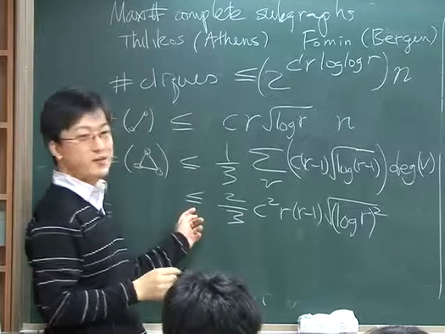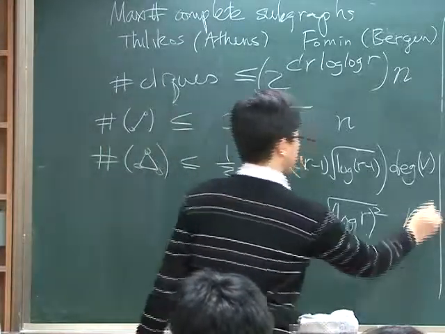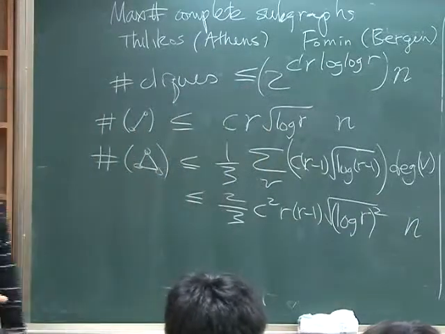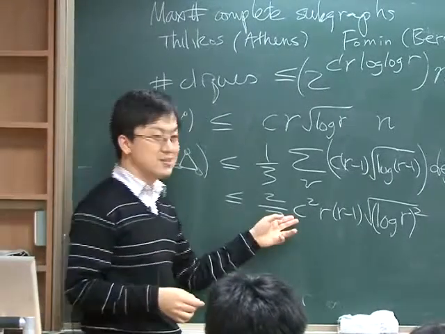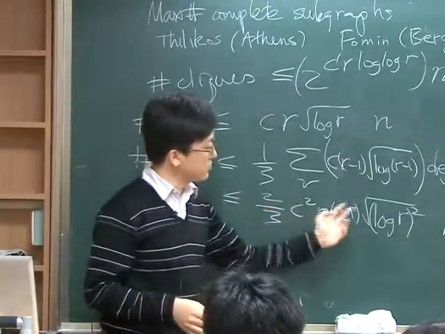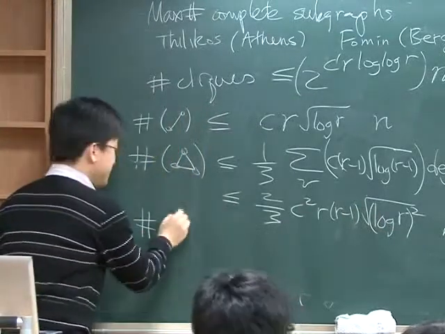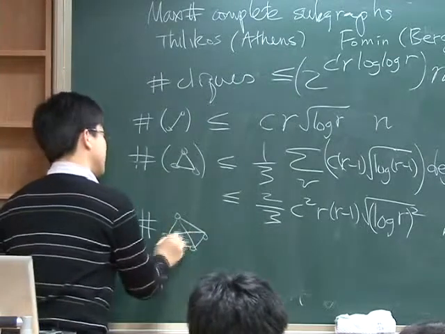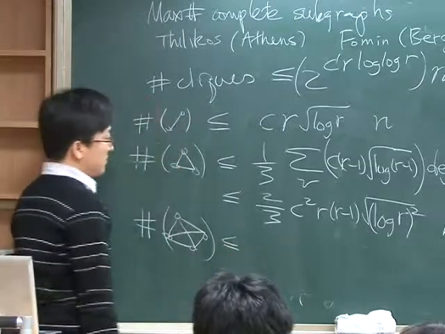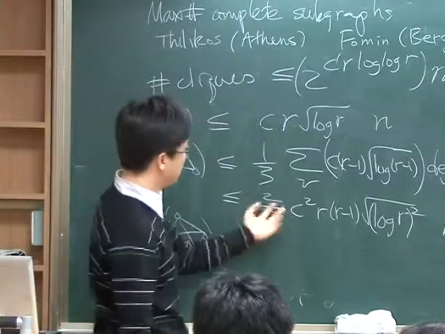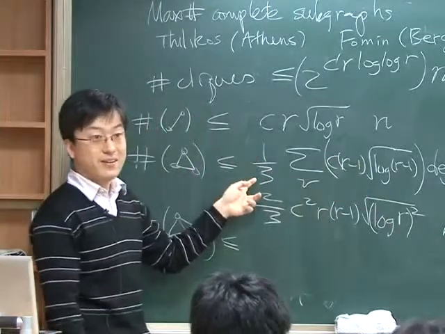Anyway, it's an upper bound, so r is bigger than r minus 1, and then times the number of vertices. So the number of triangles is 2/3 times c squared r. This. And you can repeat this. You can repeat the same procedure for the number of cliques of size 4, the same, except you plug in this formula here and divide by 4.